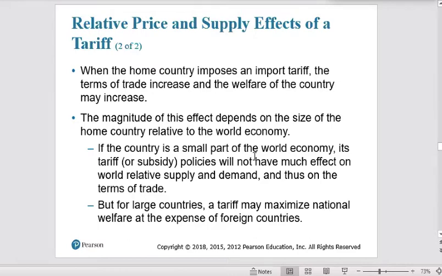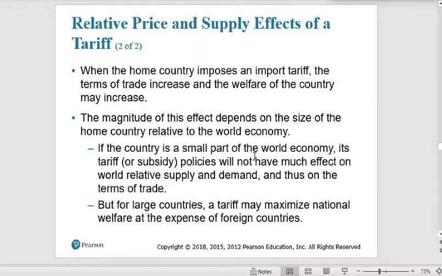So if Singapore imports banana and Singapore puts a tariff on banana, what happens to the banana price in the world? Nothing, right? Imagine the world has millions and billions of banana every year.